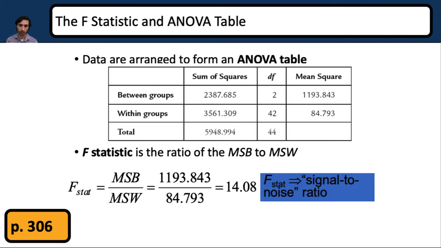So again, it is a ratio, and I wanted to keep this part where it says the signal to noise ratio. Think of noise as something that you can't see, but it can cause disruptions.